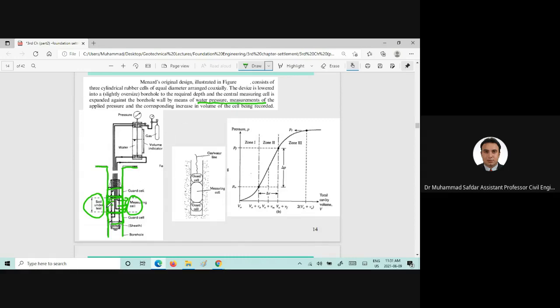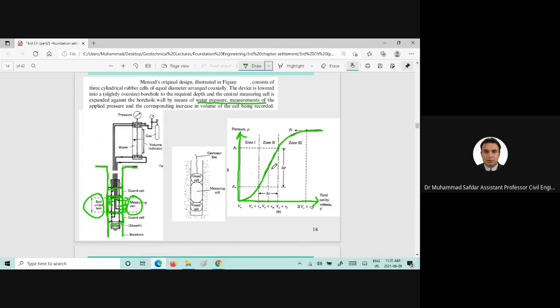So it will try to expand, and based upon the volume change occurring due to the pressure exerted by the water in this measuring cell, it will give us a curve like this.